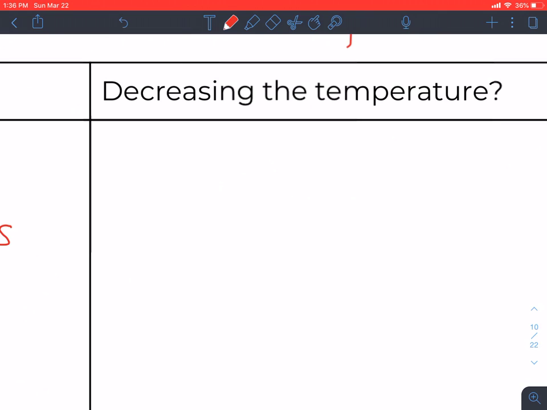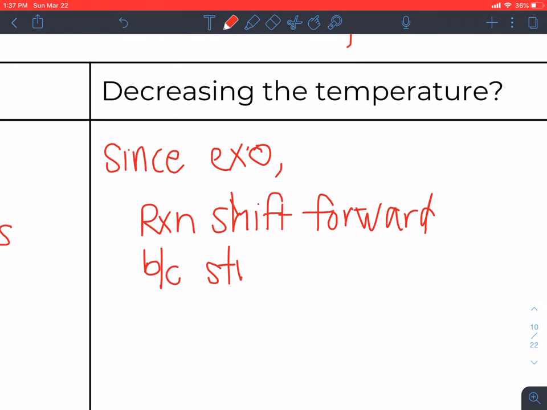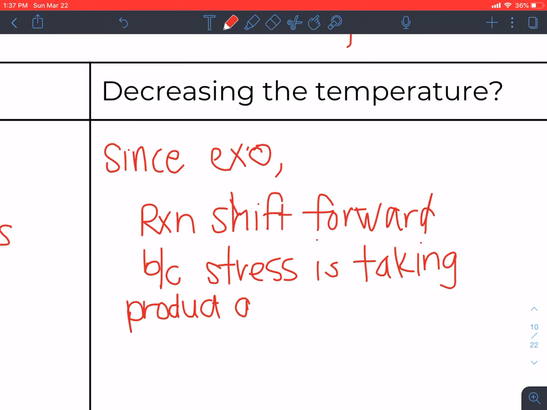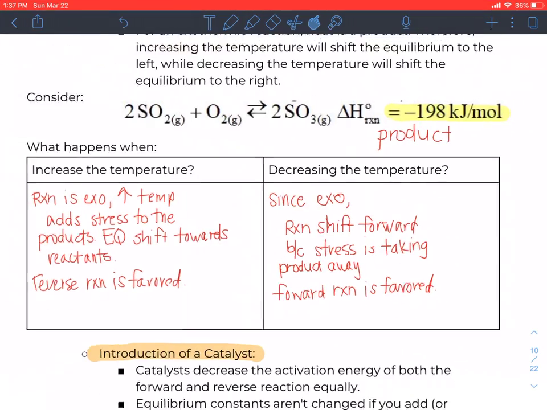So since this is exothermic, and I'm abbreviating a lot here just to save time, the reaction will shift forward, because stress is on taking products away. Forward reaction is favored.